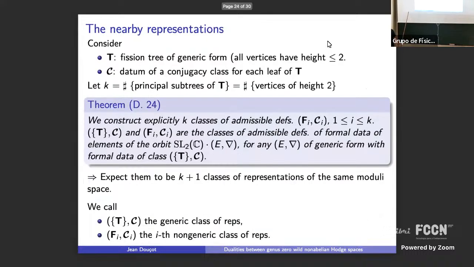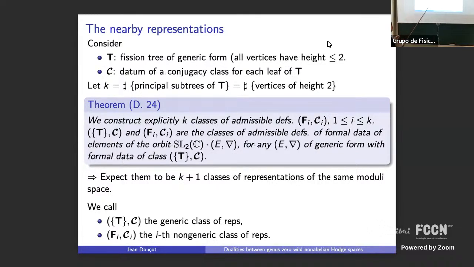And so the main statement is that if I start from a fission tree of generic form, so all vertices have height less than 2, and I also take some conjugacy classes, from this I can explicitly construct other fission forests with conjugacy classes just from this combinatorial data.